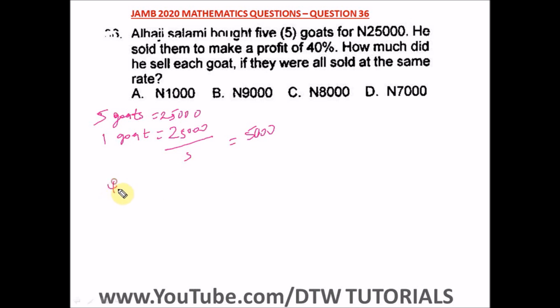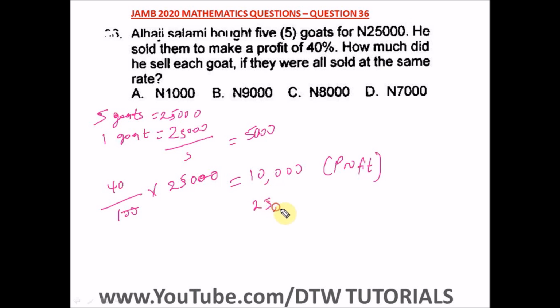So let us find the profit of his sales. 40% of his cost, so he made a profit of 10,000 naira. So this is his profit. We are told that the cost price is 25,000.